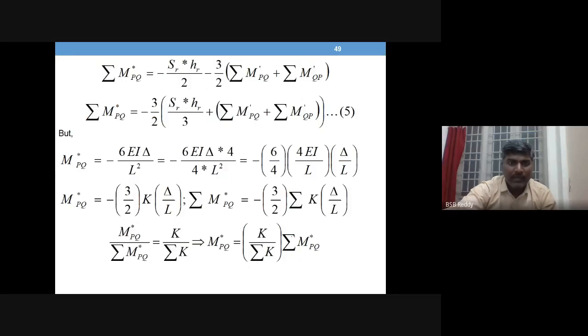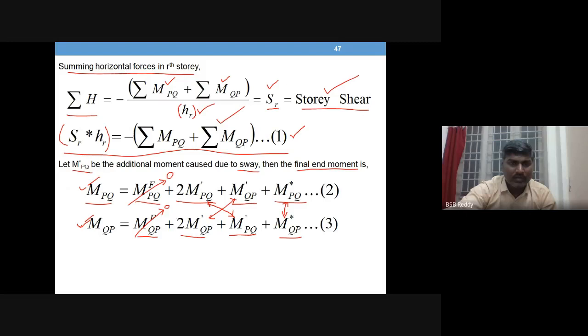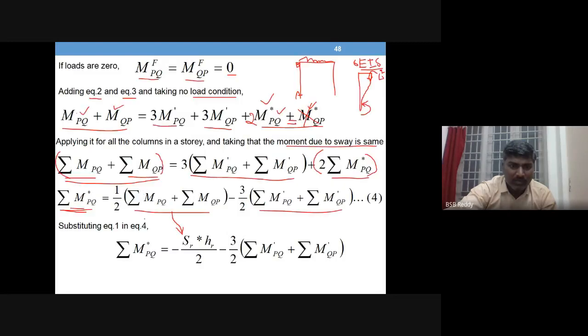Okay. Now let us see, this is the expression that we have written. So as SRHR, you see why the negative sign has come here.